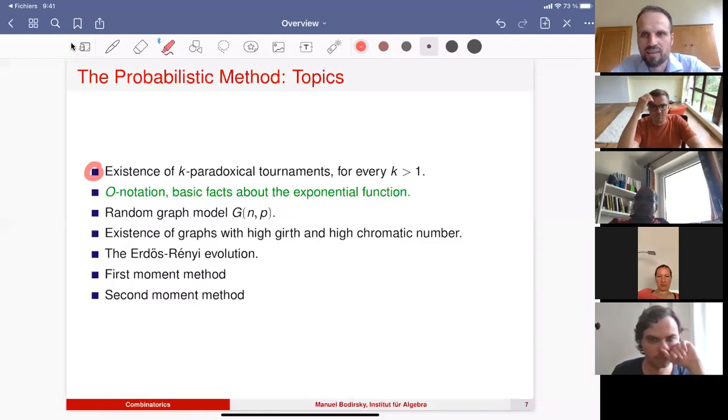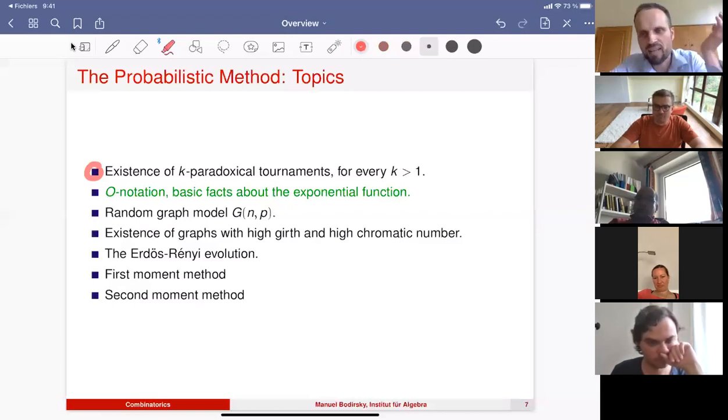But this probability space needs to be chosen more cleverly, in the sense that this probability p for an edge to be there or not needs to be chosen from a specific range as a function depending on n in order to make this probabilistic proof work.